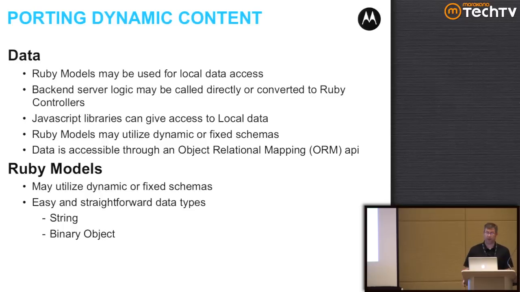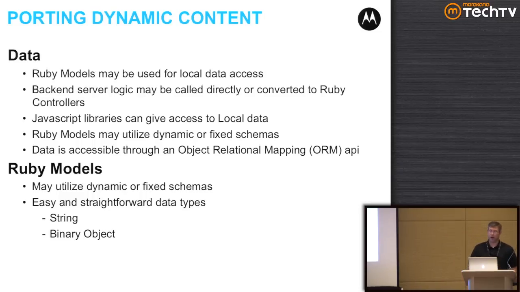So I think it's actually kind of great that specifying your data models and using them in row elements is actually very straightforward. And it also takes away some of the effort that you'd have in porting your web app over. Right? Now, the back-end server logic can either be called directly or converted to Ruby controllers.